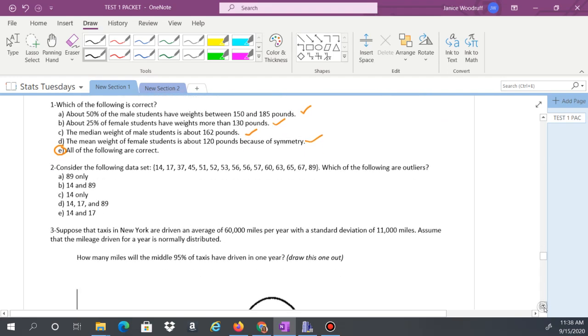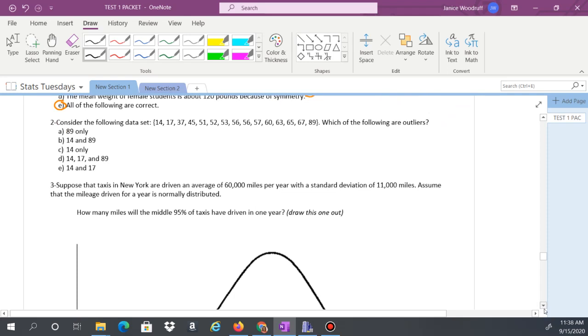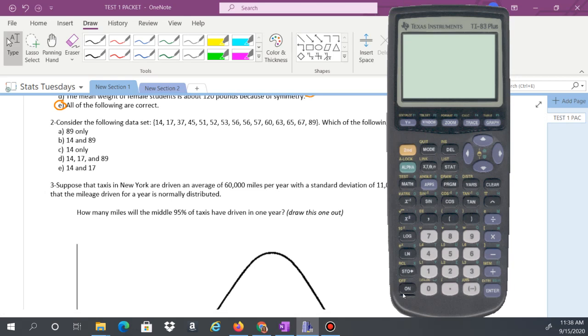Outliers. For this one, we want to find Q1, Q3, and the IQR. I think the fastest way to do this is to put this in the calculator because this is a bit larger. So stat, enter.